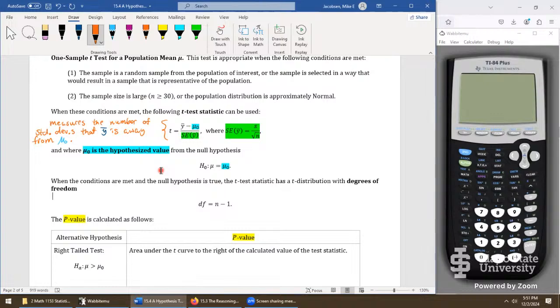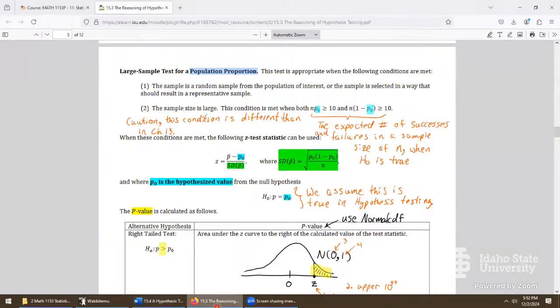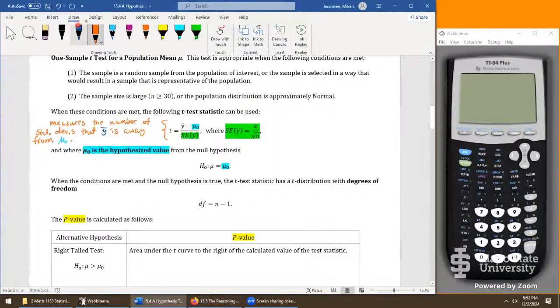Okay, because this is kind of a compare and contrast against section 15.3, categorical data, let's add a couple more things to the notes.